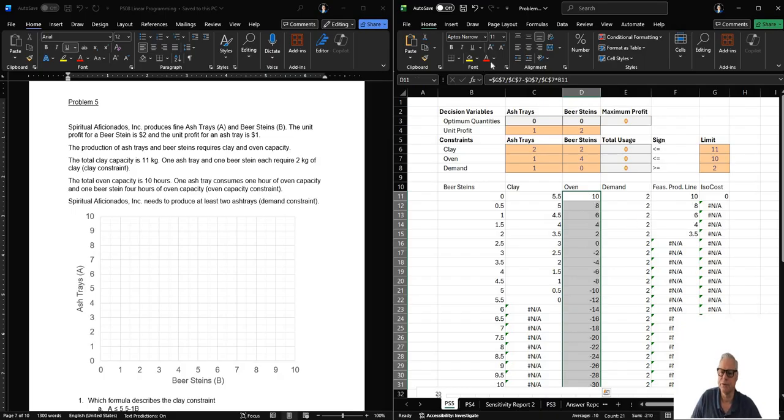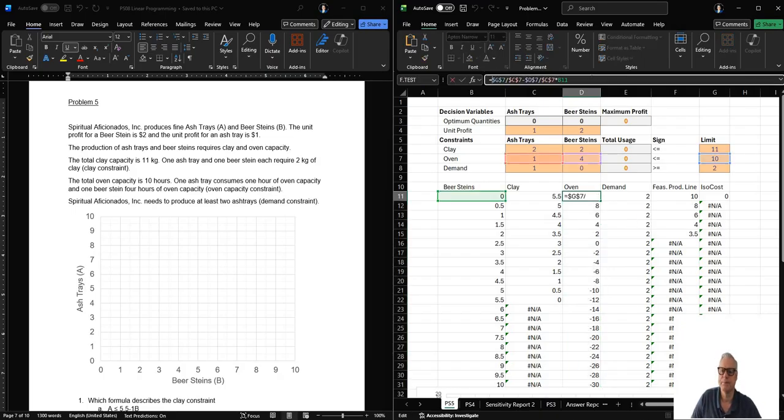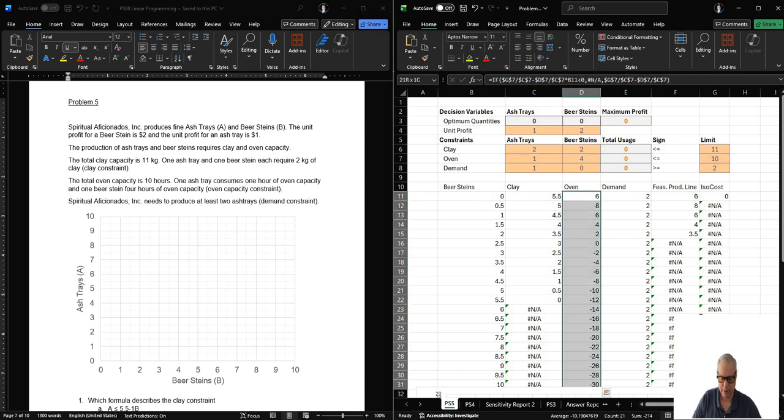And again, let's avoid negative values. If this equation evaluates to less than 1, then number not available. Otherwise, use this formula.